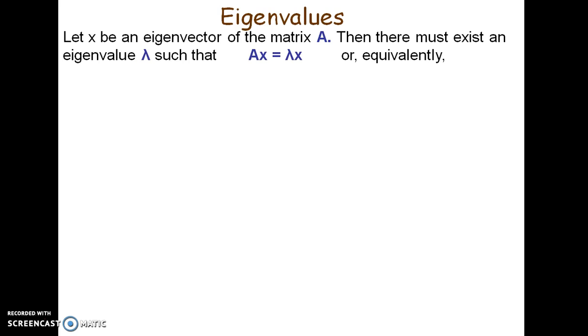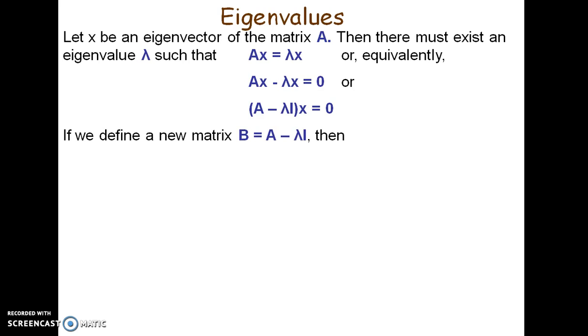Eigenvalues. Let X be an eigenvector of the matrix A, then there must exist an eigenvalue lambda such that Ax equals lambda x, or equivalently Ax minus lambda x equals 0, or (A minus lambda I) x equals 0. If we define a new matrix B equal to A minus lambda I, then Bx equals 0.